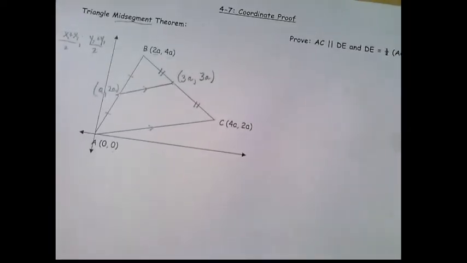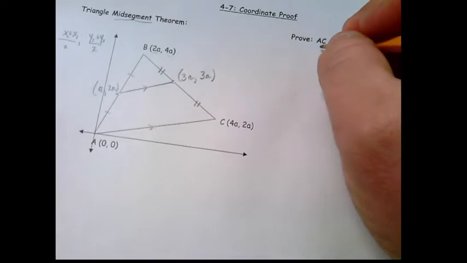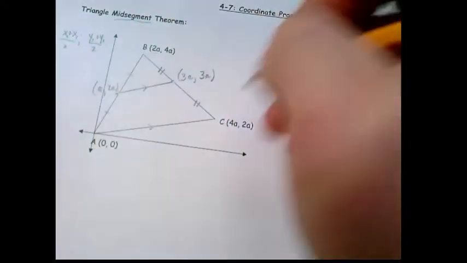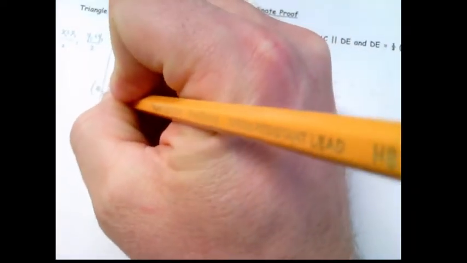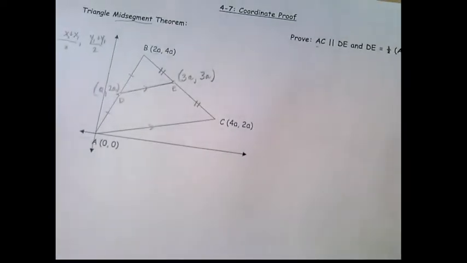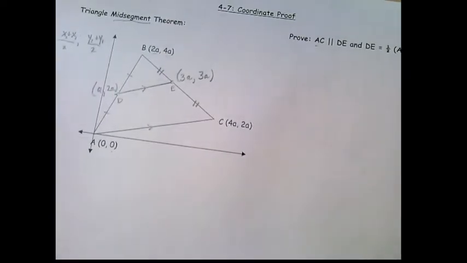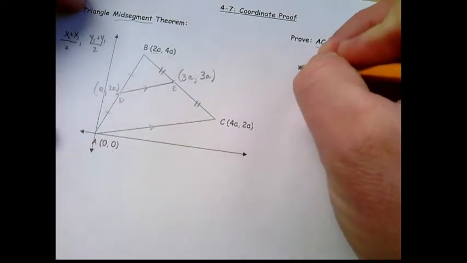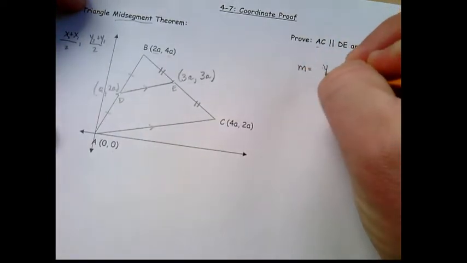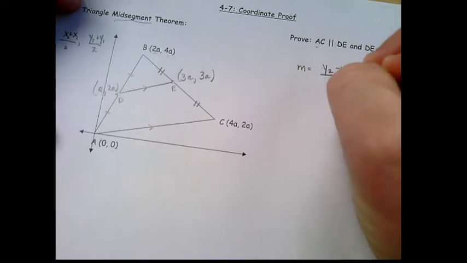So in taking a look at those points, if I wanted to prove that these lines were parallel, I'm going to say AC is parallel to, I'm going to make this point D and this point E. If I wanted to prove that those were parallel, I would use my slope formula. The slope formula is y2 minus y1 over x2 minus x1.